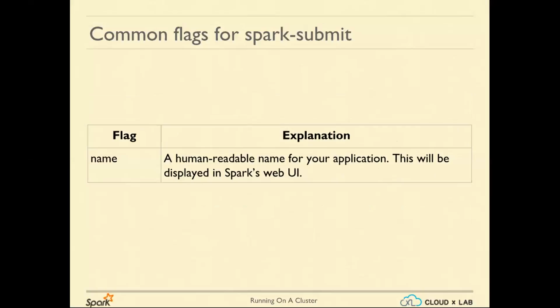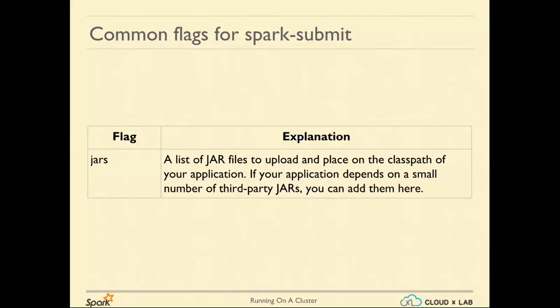If your application is not overriding the name, then this name will be used, which will be reflected in Yarn as well as Spark's web UI. If you have a list of jars, you could say --jars and put all those in a comma separated way, and those jars will be picked up if your program depends upon them.